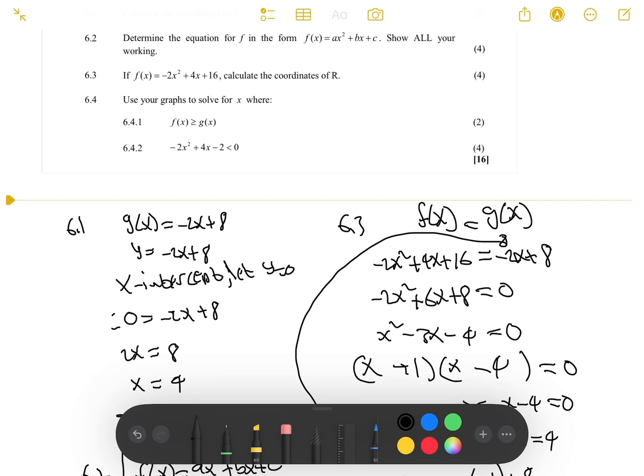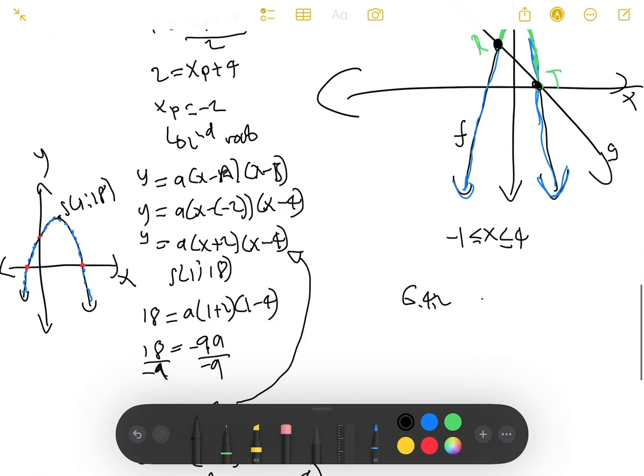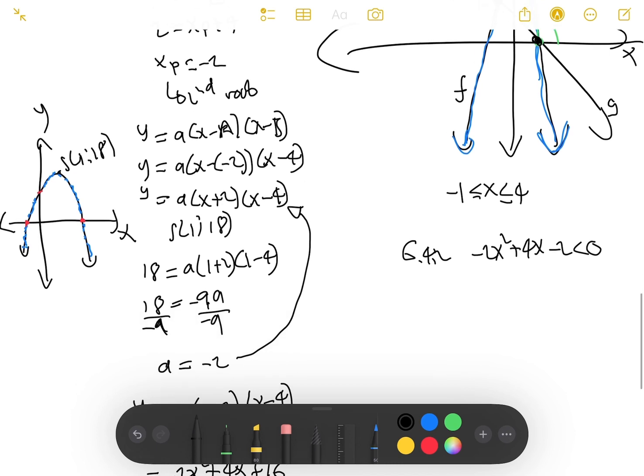So that we can have f of x on the left hand side and then whichever number on the right hand side. So let's do that. So this is basically -2x squared plus 4x minus 2 being less than 0. So -2x squared plus 4x, to make it look like 16, which is the f of x, we're gonna say plus 18, right?